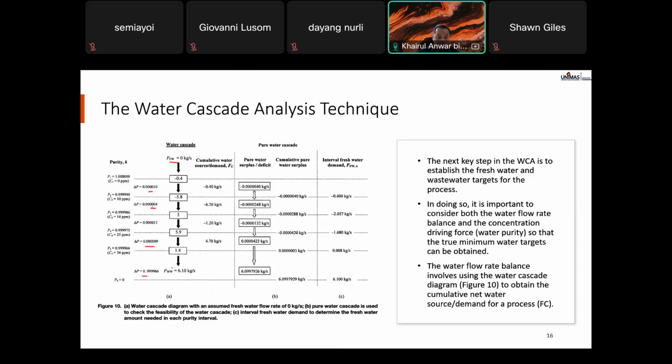Then this FWW is equal to the wastewater flow rate, which is the cumulative water source and demand. That's it.